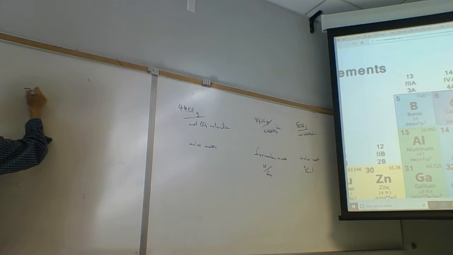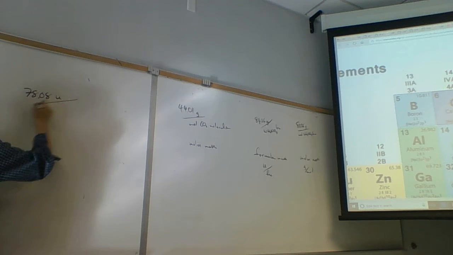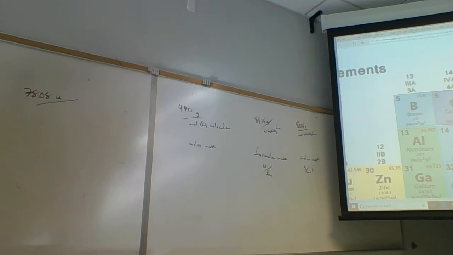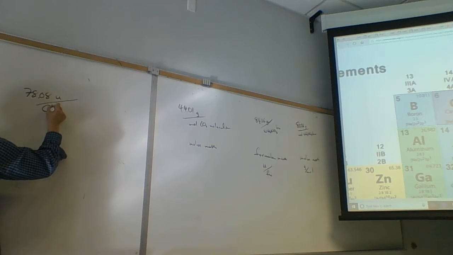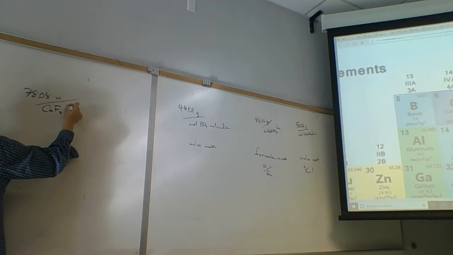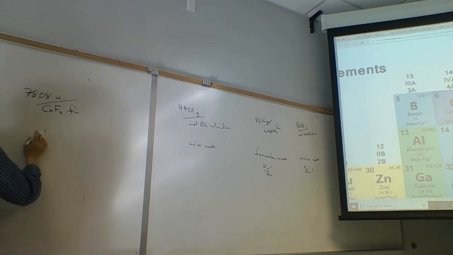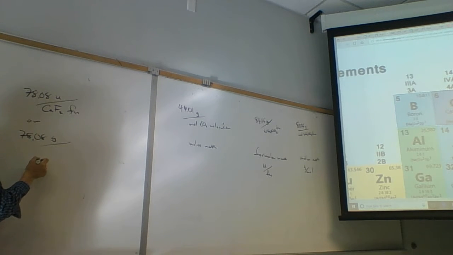Calcium fluoride is 78.08 U per calcium fluoride formula unit, that would be 1 calcium and 2 fluorides. Or it's going to be 78.08 grams per mole of calcium fluoride units.